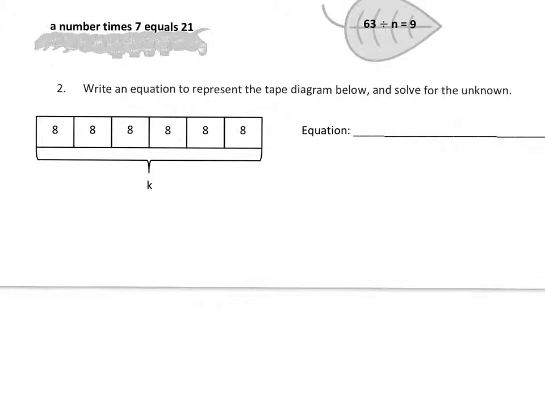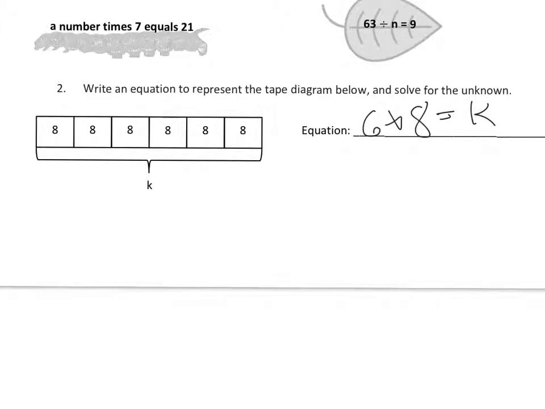Question is, how many groups do we have? I count 1, 2, 3, 4, 5, 6. I have 6 8s, or 6 groups of 8, or 6 times 8, and the unknown is the total, which is k. 6 times 8 equals k.